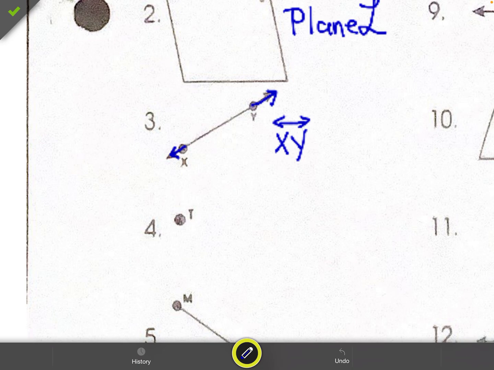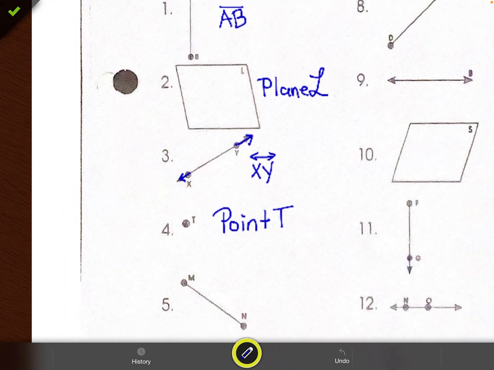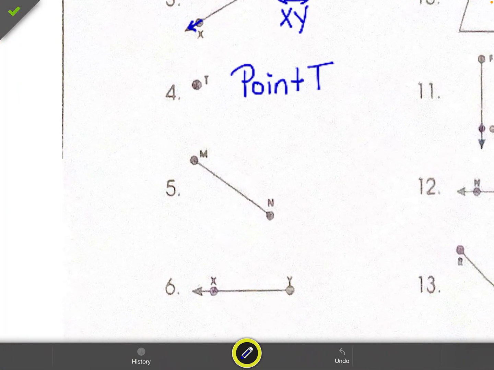Number 4, I already talked about this one. That would be point T. Just point T. Number 5. Again, starts and stops, so that would be a segment. There's my symbol for segment, and we call it segment MN. You could also call it segment NM.